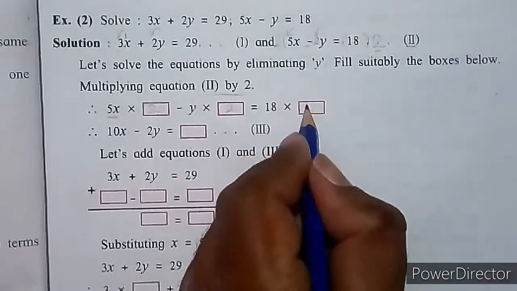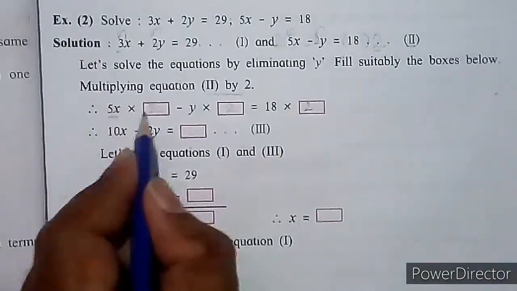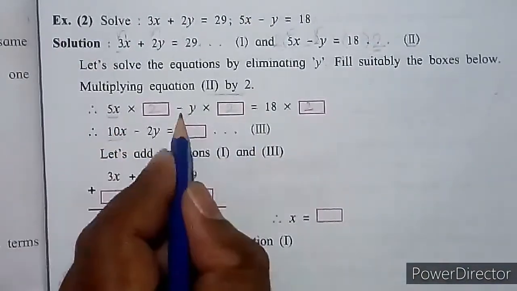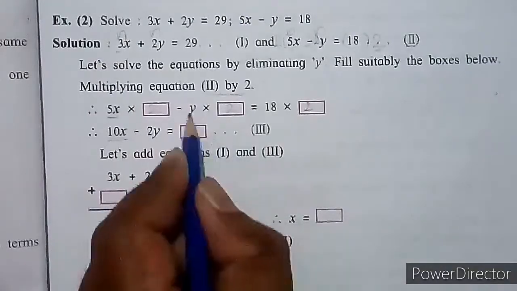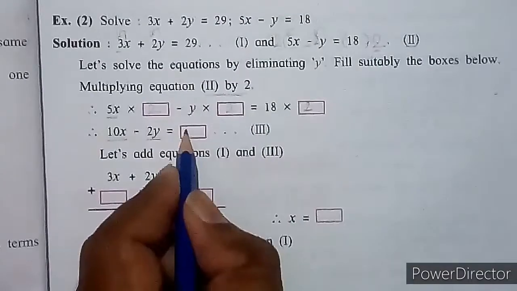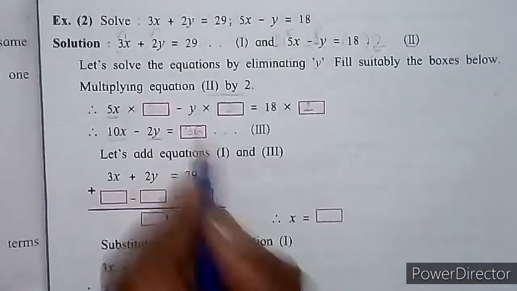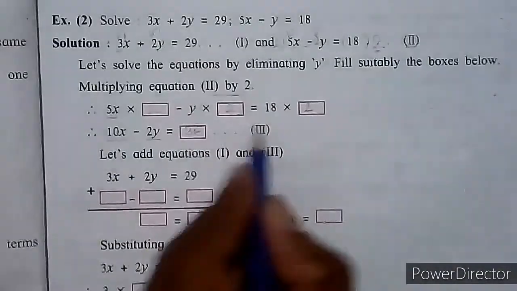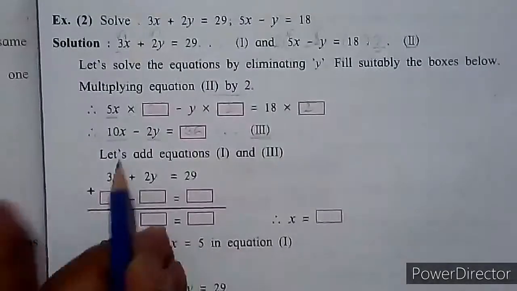Now 5 into 2 is 10x, minus as it is, 2 into y is 2y, equals to 18 into 2, which becomes 36. This is equation number 3.